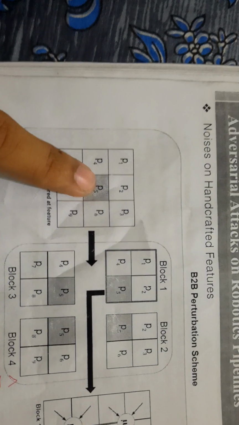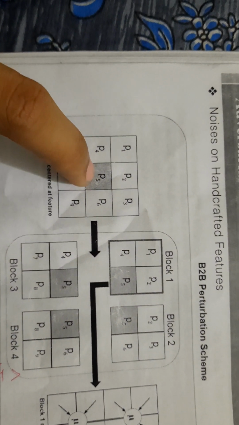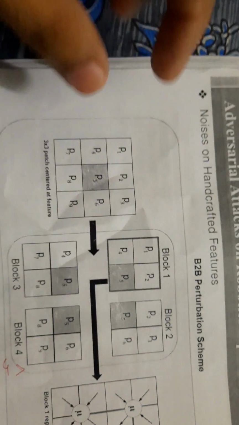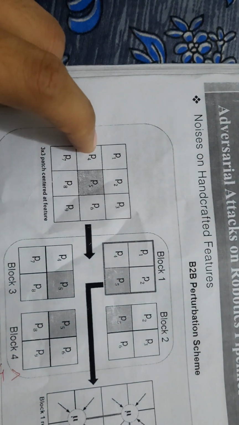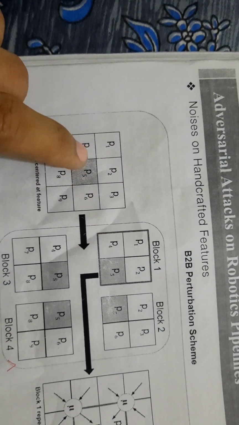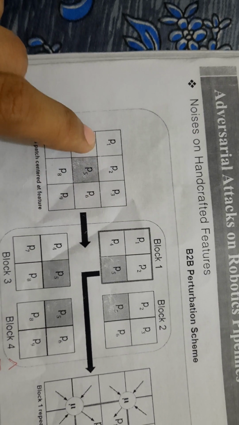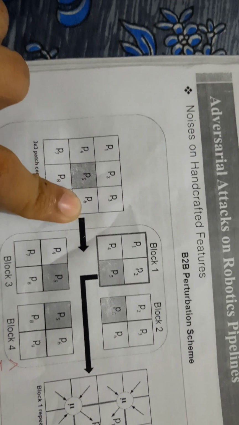For example, this was the feature responsible, and they created a 3 cross 3 kernel, and divided it into 4 overlapping blocks. The first one is P1, P2, P4 and P5. The second block is P2, P3, P5, P6. They are overlapping: pixel 5 repeats in every block, and P4 and P6 repeat as well.